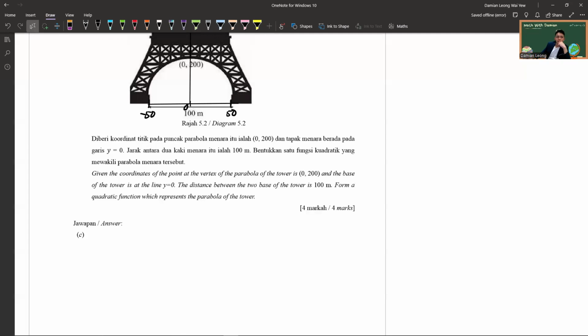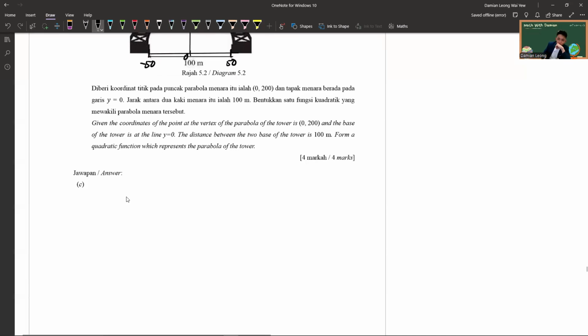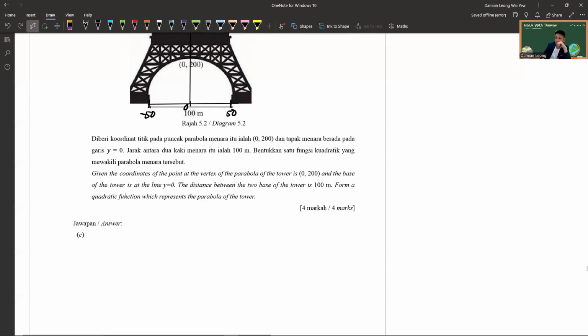Which actually doesn't make too much sense. Or does it? Actually, wait. Actually, it does. Okay. Quadratic is the form ax squared plus bx plus c.